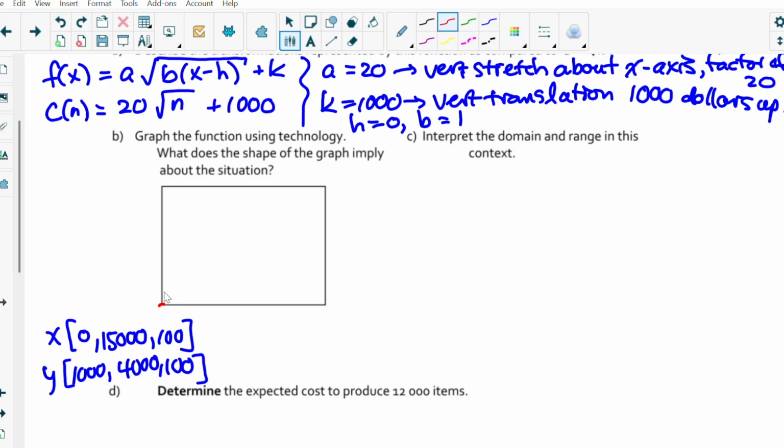So when I graph this, 0, 1,000, let me put a couple points in there. 3,600, 2,200, and 10,000, 3,000.